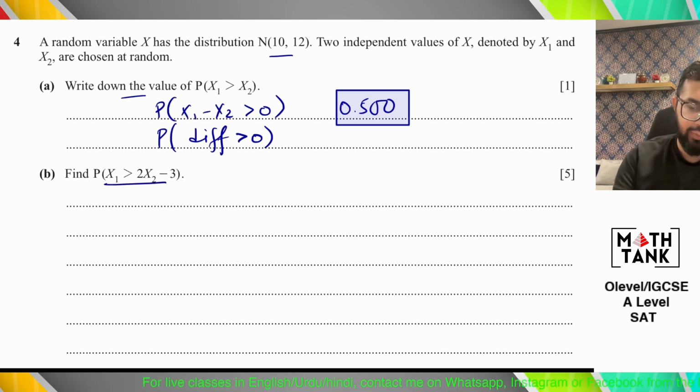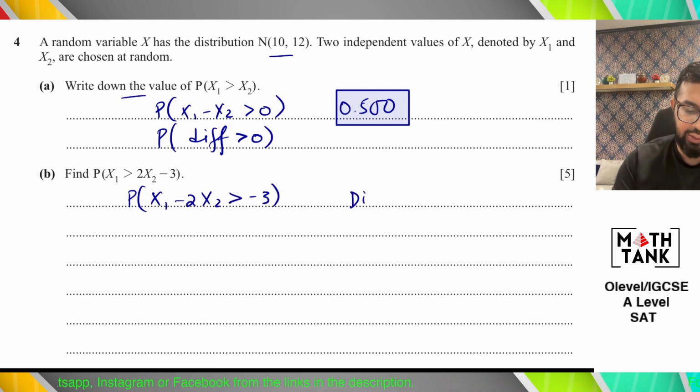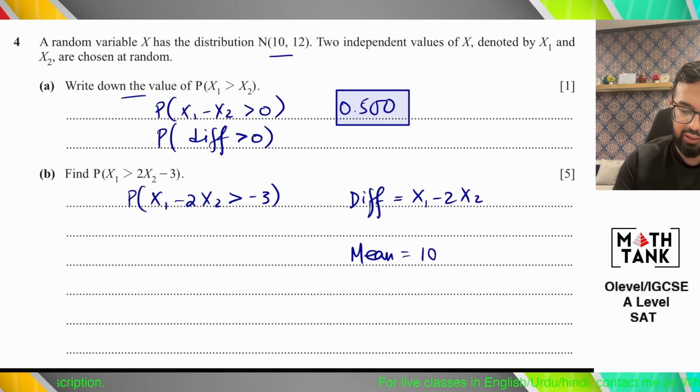Then it says probability of x1 is greater than 2 times x2 minus 3. I'm going to bring this to this side and say that this is greater than minus 3. So the difference has an expression that says x1 minus 2 times x2. The mean is going to be 10 minus 2 times 10, which is minus 10.